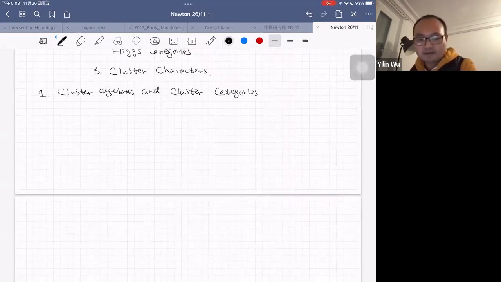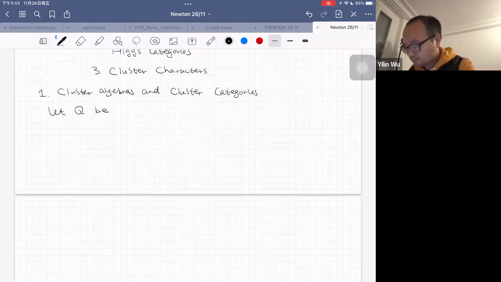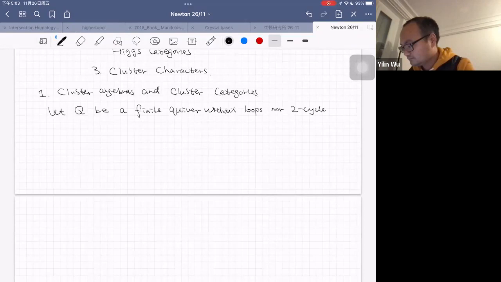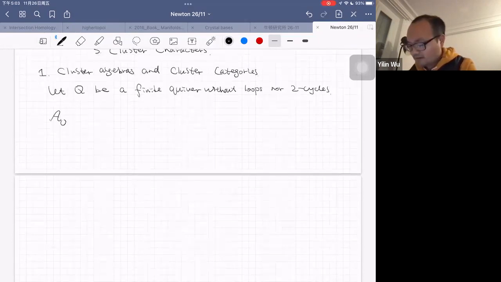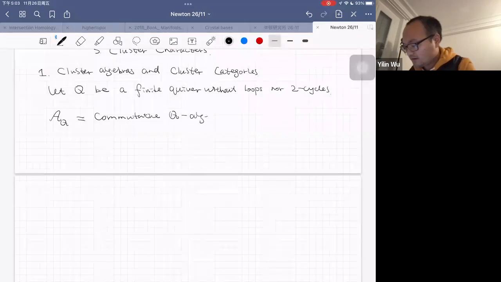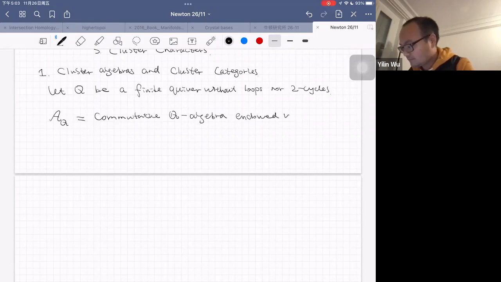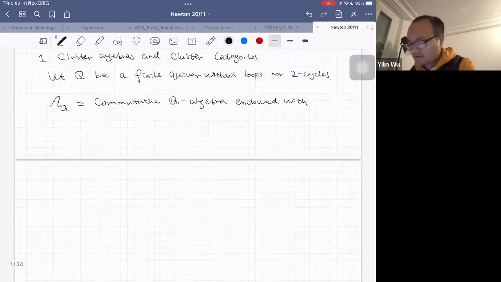First, let Q be a finite quiver without loops or two cycles. And then by definition, the associated cluster algebra is a commutative Q algebra endowed with a distinguished set of generators.